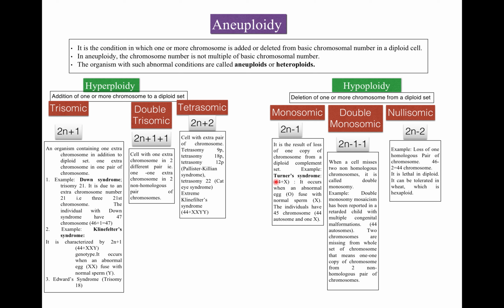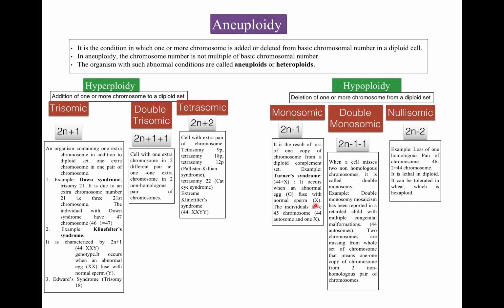For example, Turner's syndrome. Here you can see 44 plus X instead of 44 plus XY or XX. So there are 44 plus 1, only 45 chromosomes instead of 46 chromosomes. So this is 44 plus X. How does it occur?